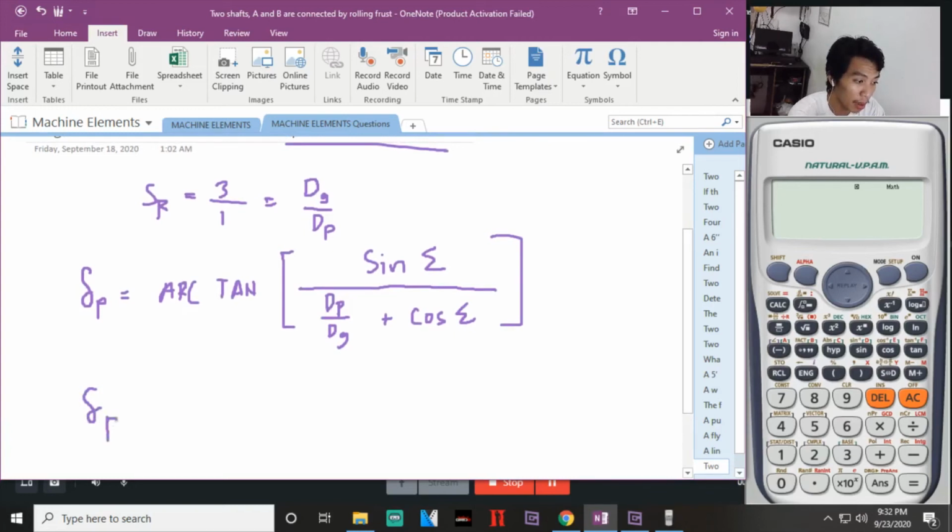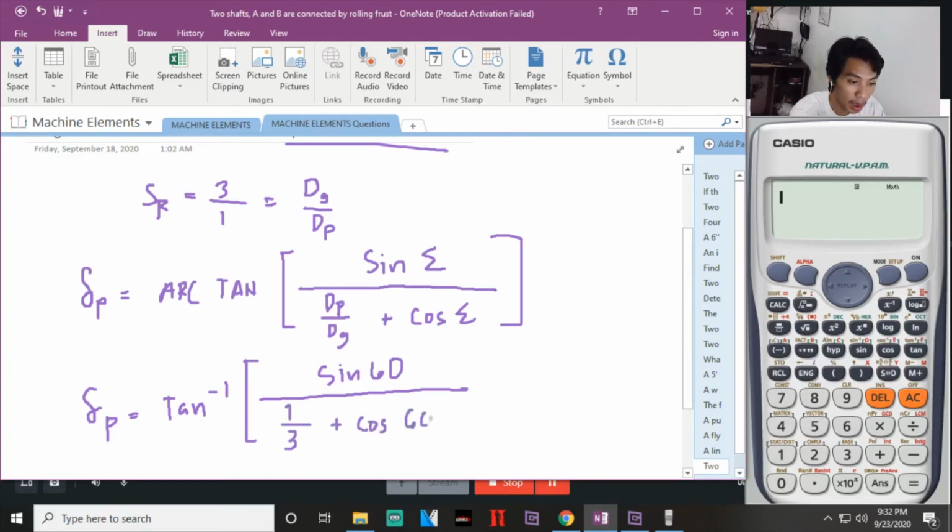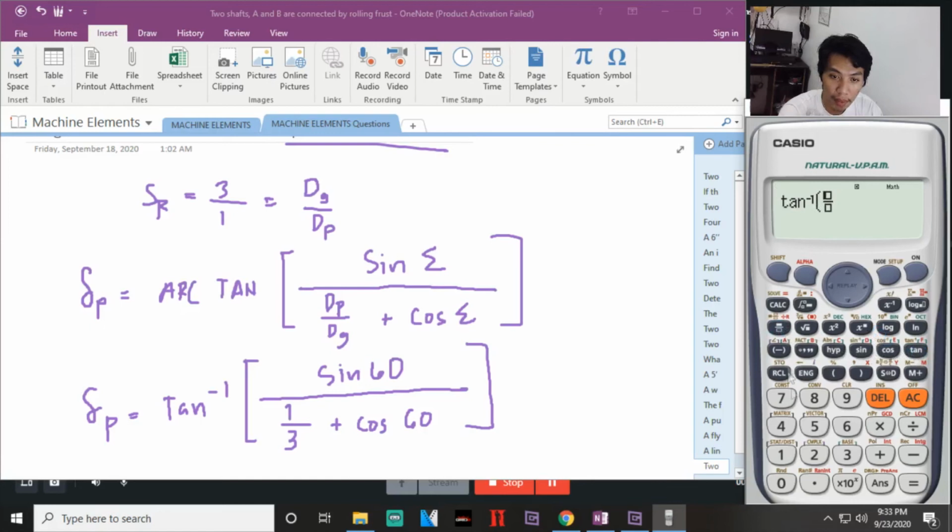Tangent raised to negative 1, sine 60 nasa taas, 1 over 3 kasi baliktad, plus cosine 60.